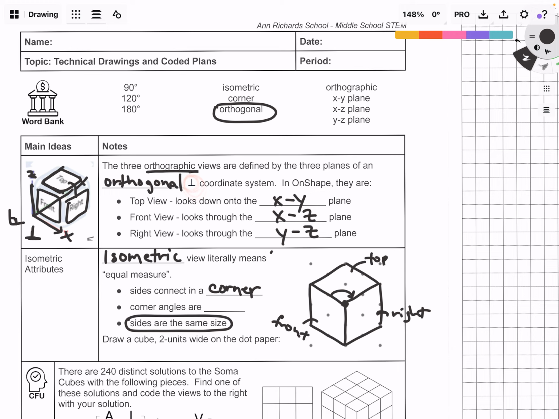And I know that a full circle is 360, so when I divide 360 by 3 equally, all my corners are actually going to be 120 degrees. Okay, so let's see how that helps us draw a three-dimensional object. And we're going to practice with the triomino that we learned last time.